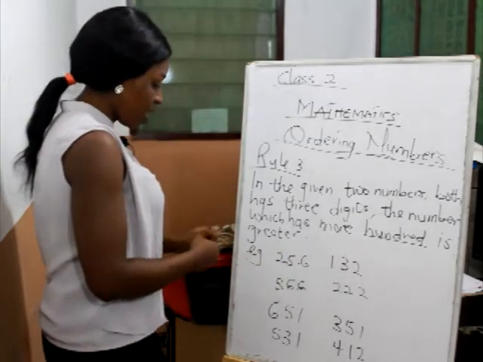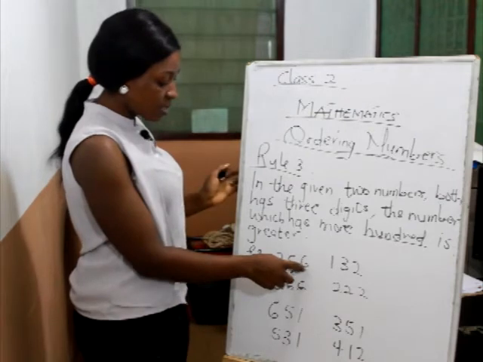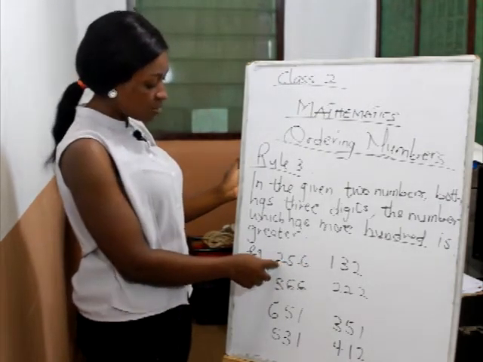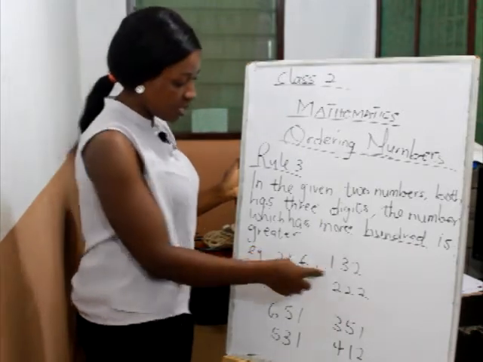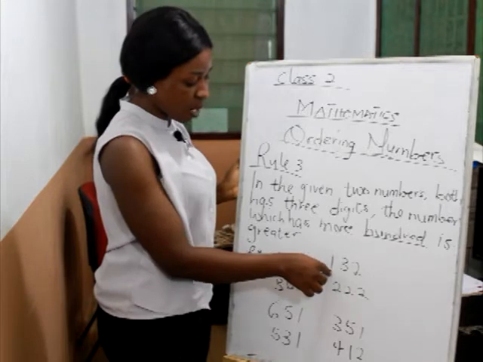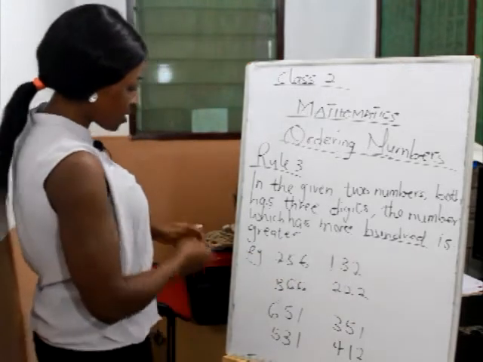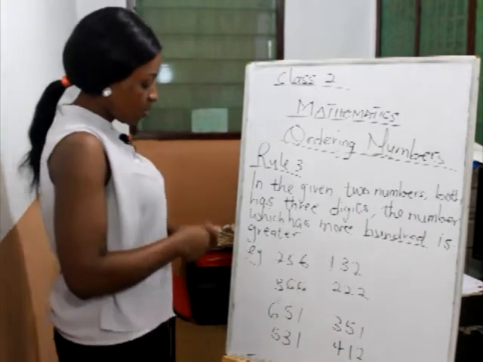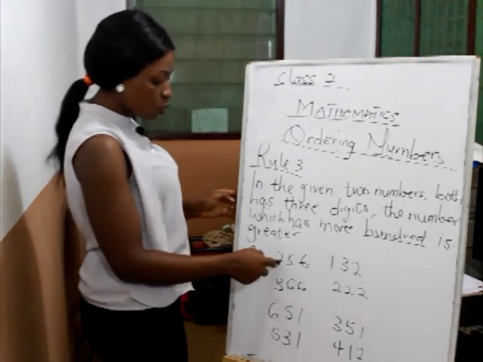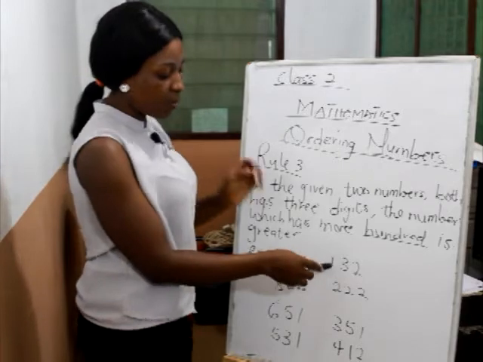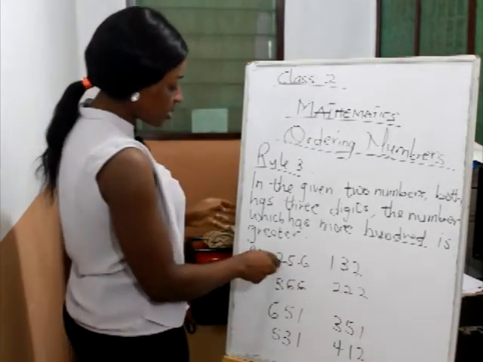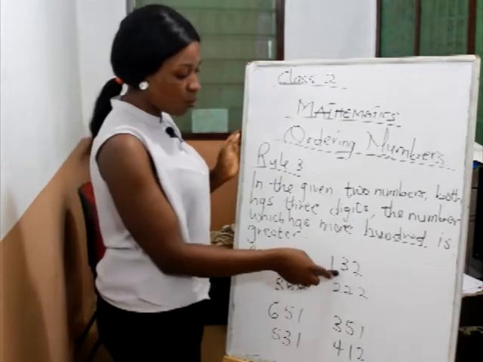So this 6 is ones, 5 is tens, and 2 is hundreds. 2 is ones, 3 is tens, and this 1 is 100. So we are looking at our hundreds. That's the first numbers. So we have 2, 5, 6, and here we have 1, 3, 2. So looking at the hundreds, you can see that this has 200 and this has only 100.